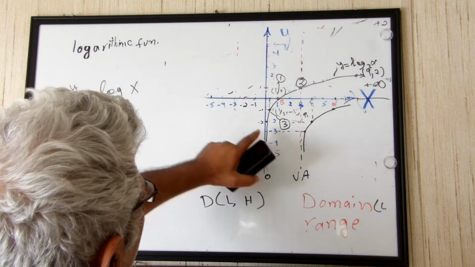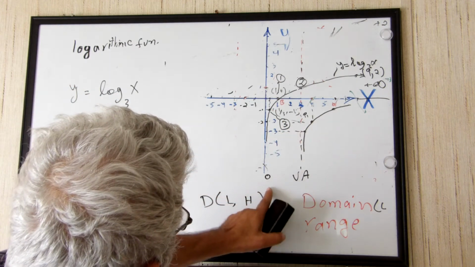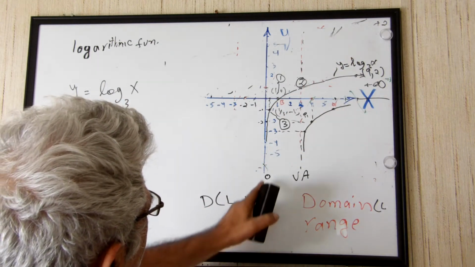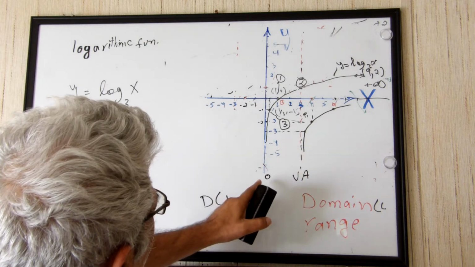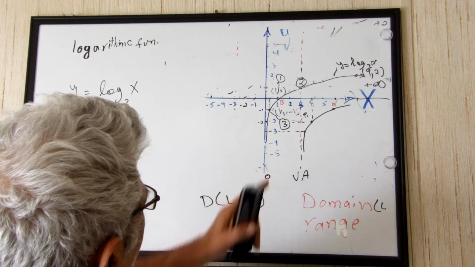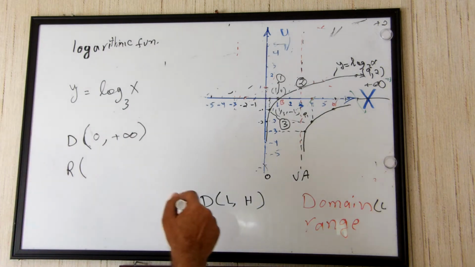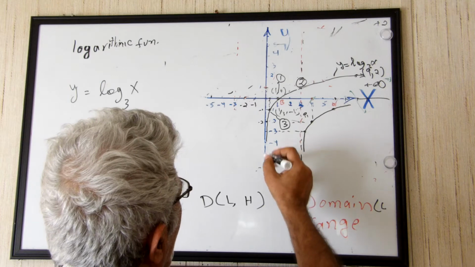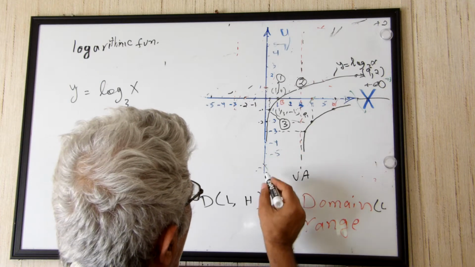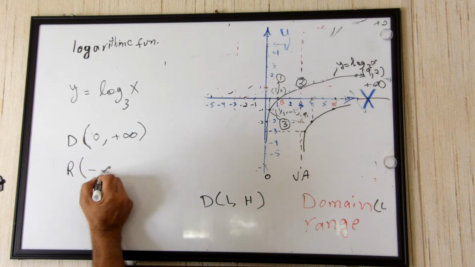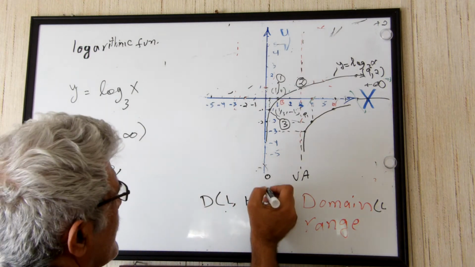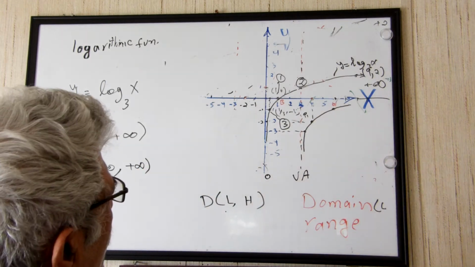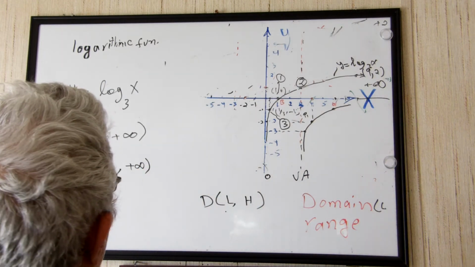The value of y can be minus 1 million, minus 10 million, minus 100,000, whatever, any negative number. So the range starts from minus infinity, the lowest, and the highest is plus infinity. So this is the range and domain.